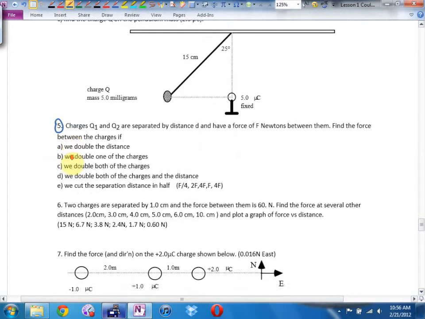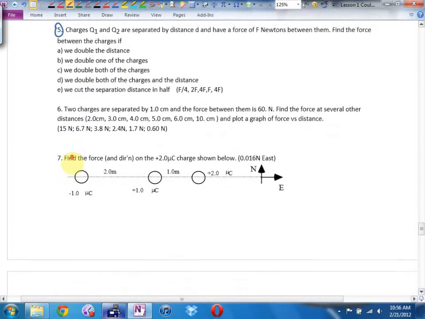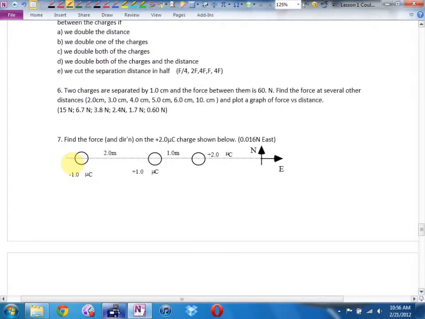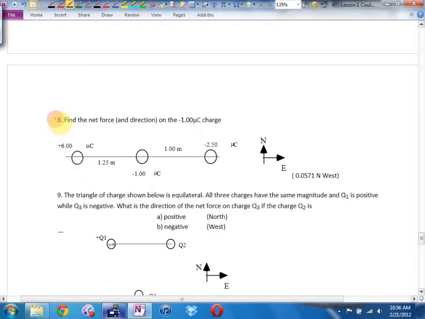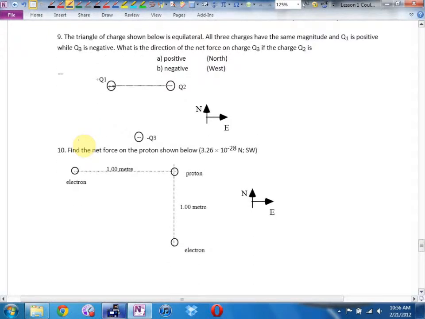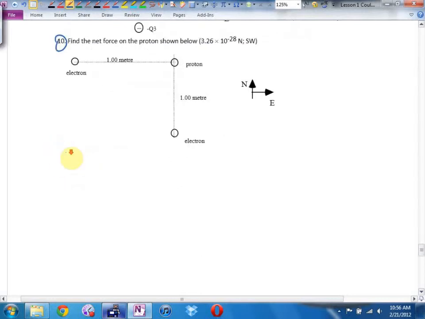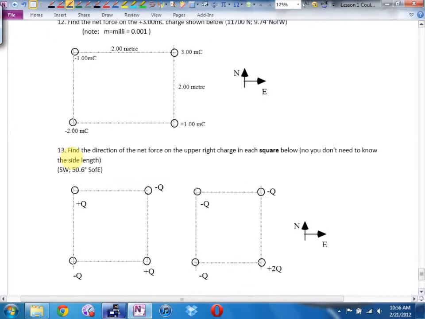Number 5. Seven. 8. 10. That's overkill.